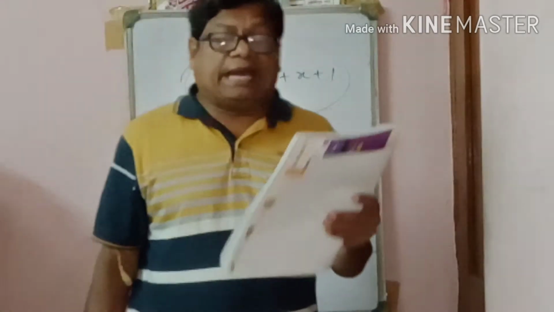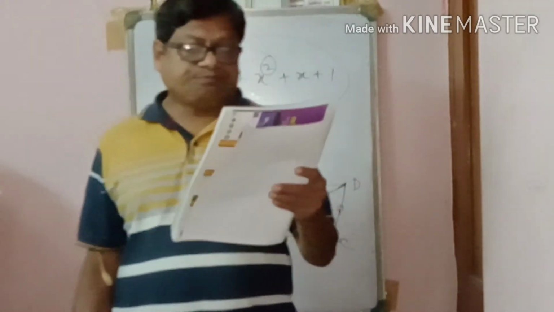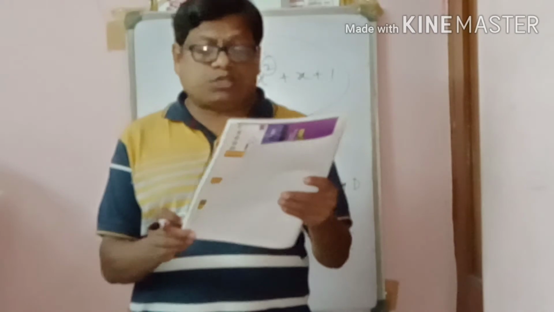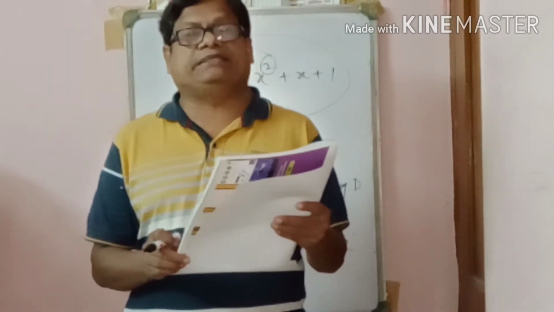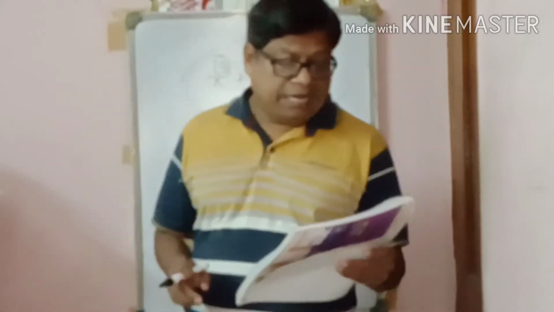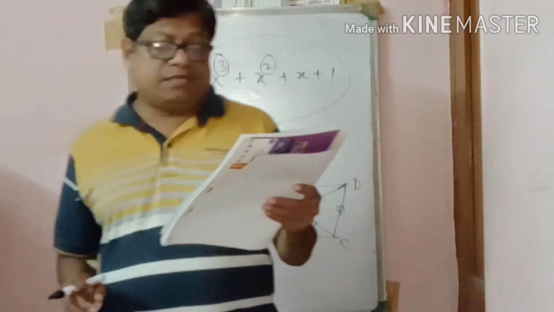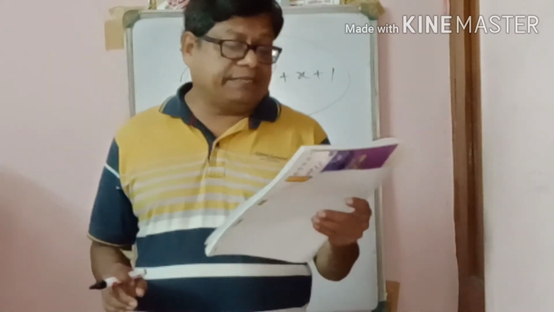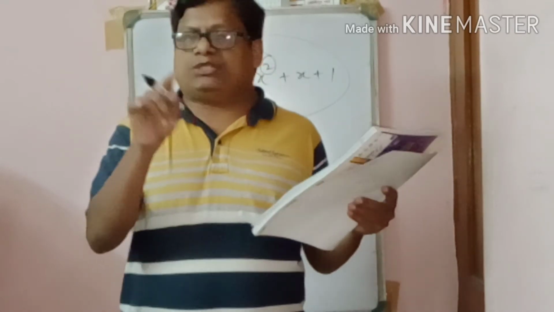So the diagonals of a parallelogram bisect each other. Now question number 5: if a polyhedron has 7 faces and 10 vertices, then the number of edges? All of you know Euler's formula, F plus V equals E plus 2.